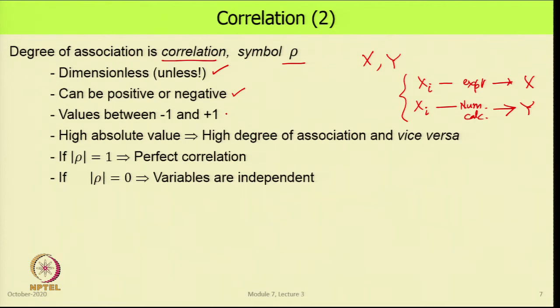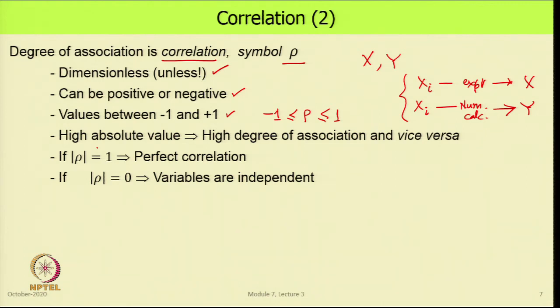Rho will have values always between -1 and +1. So, the definition is such that it cannot be greater than 1 in any case.